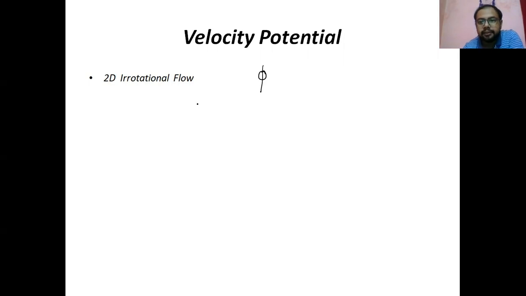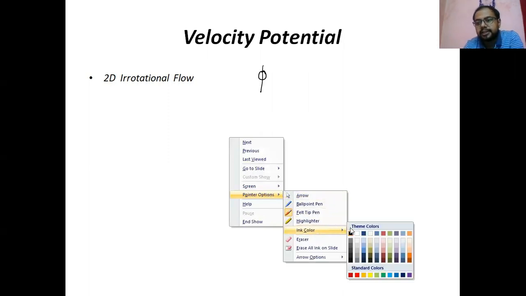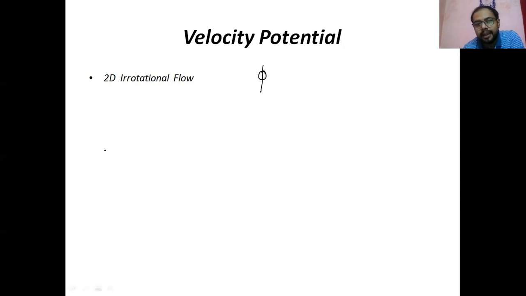Okay, the velocity potential function we will see now. This function exists only whenever the flow is an irrotational flow. It may be for two-dimensional, it may be for three-dimensional; it does not matter.